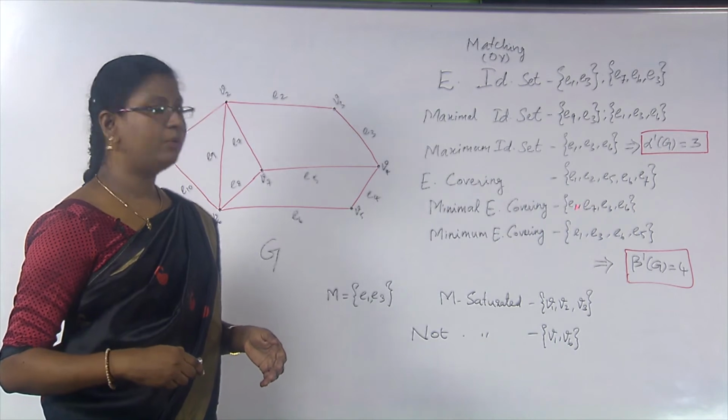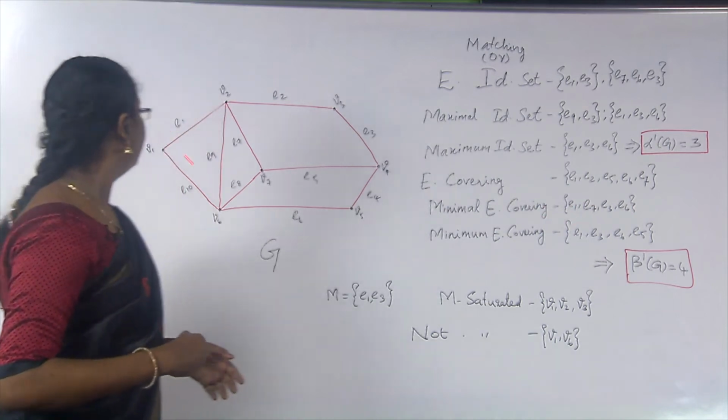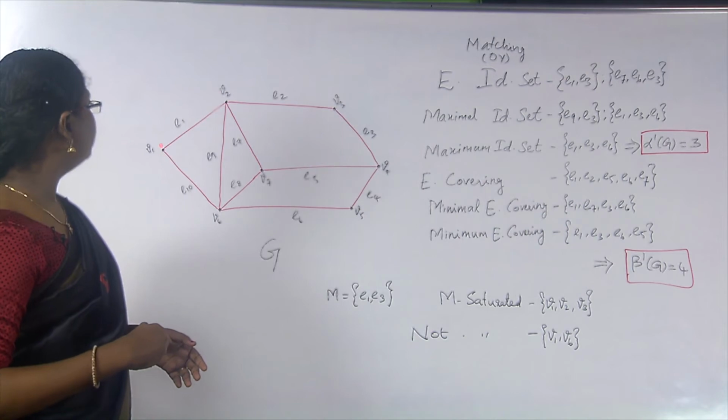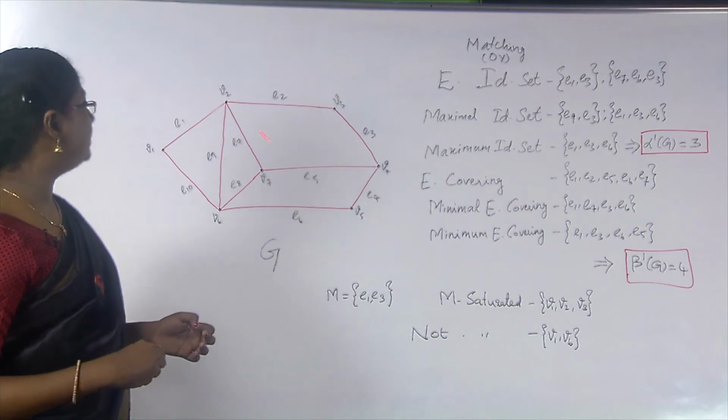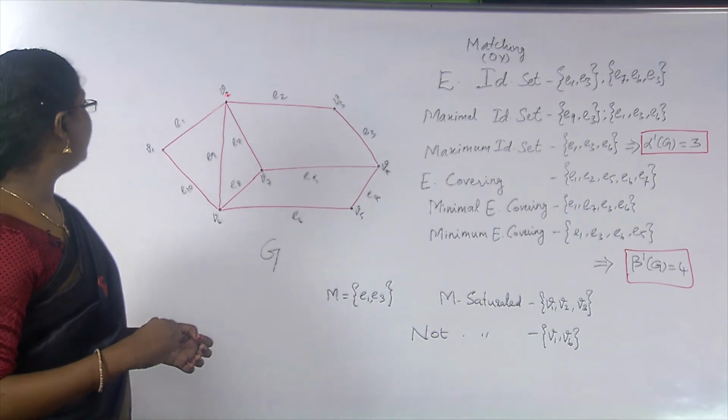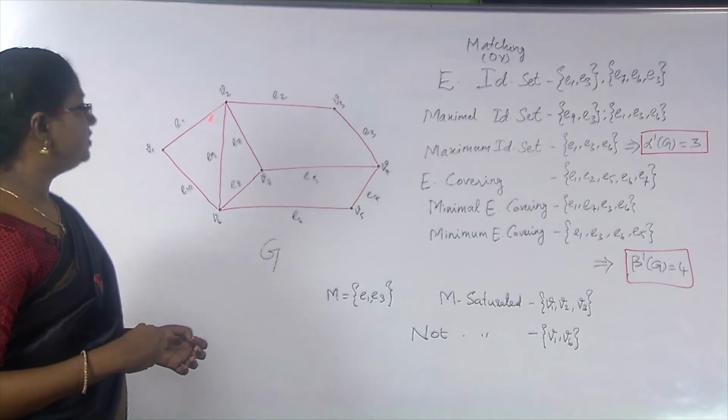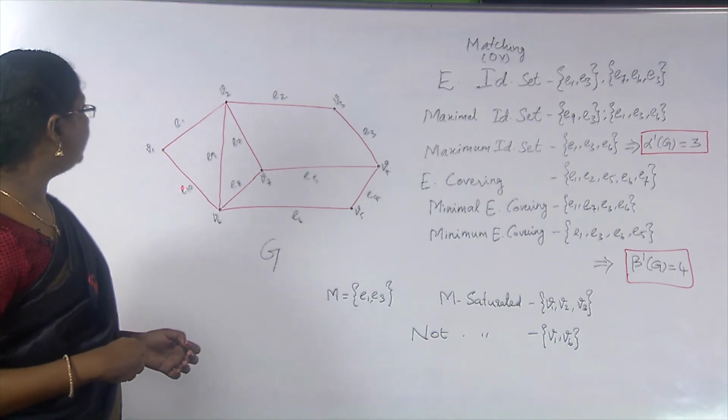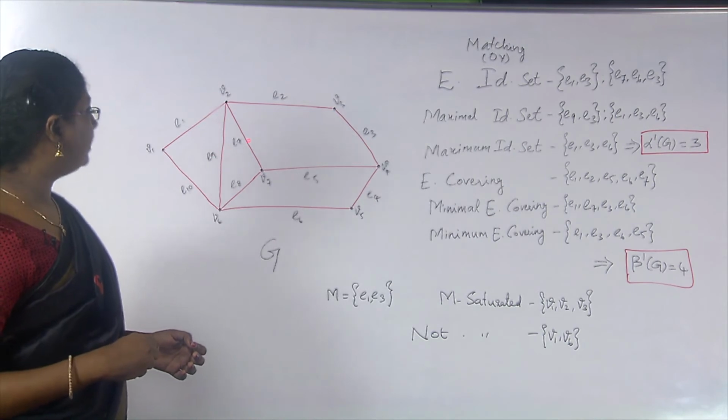Consider E1, E7, E3, E6. What will happen if I leave E1? I have to get an edge in this set that will cover V2 and V1, which means that I should have included E10, E9 or E7, E8.